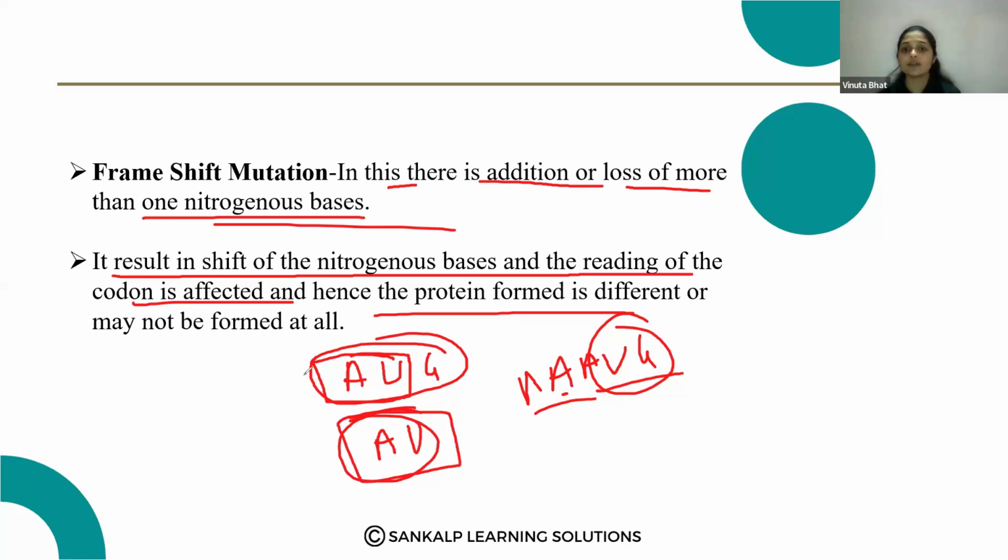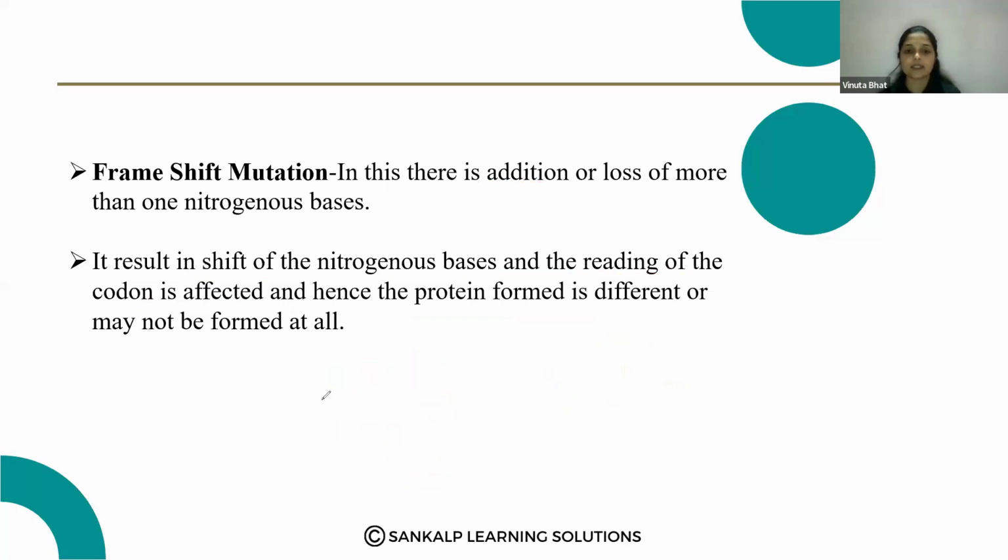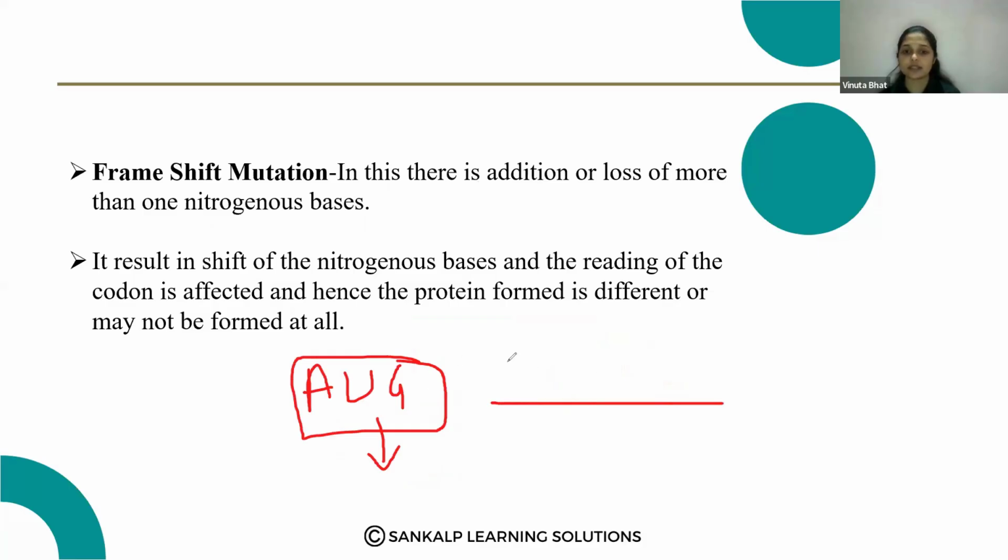That is called the frame shift mutation. Sometimes the AUG is removed, so that the protein is not produced at all. So the complete shift of the gene takes place. AUG next, UAG is there or some AAA is there. So when this codon is removed, it causes the frame shift mutation.